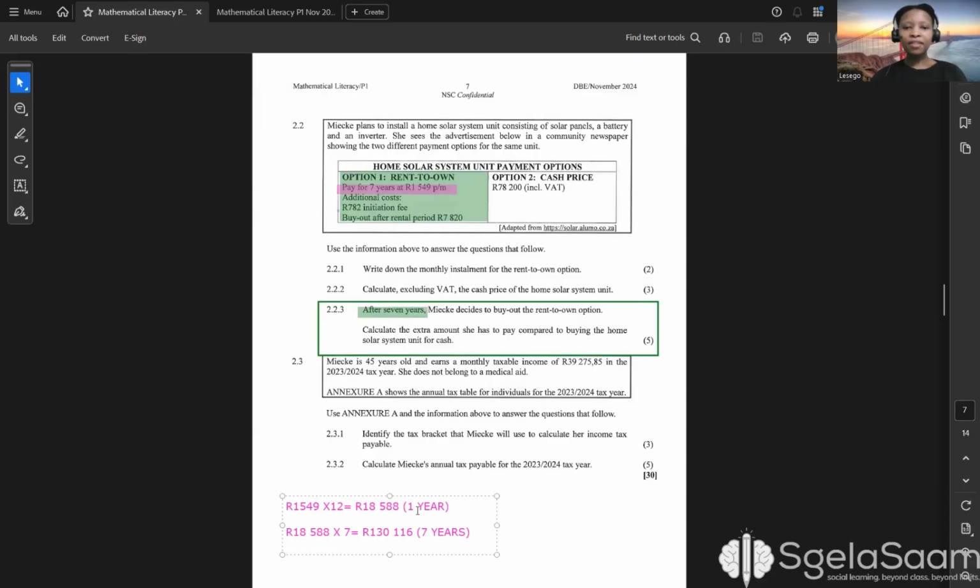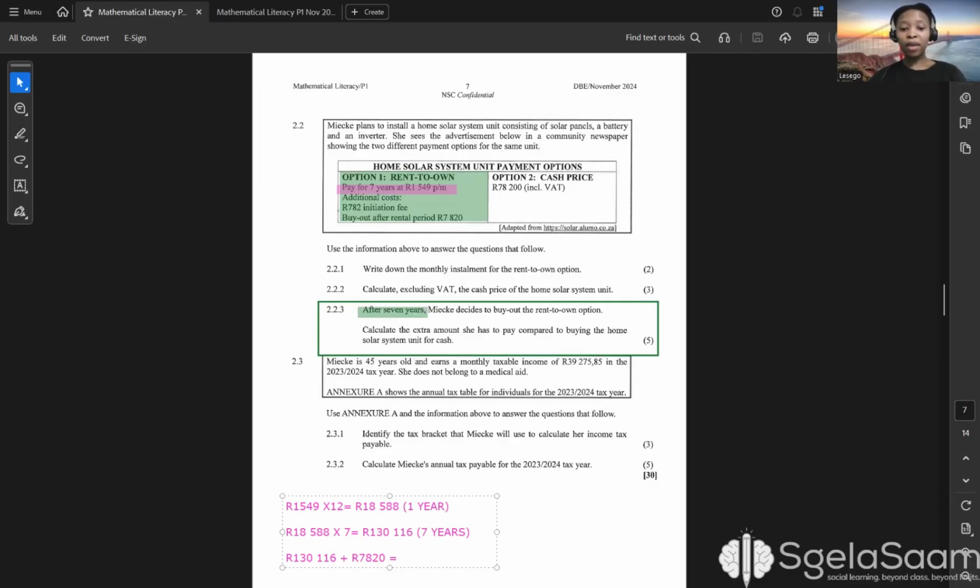And the buyout after rental period is 7,820. So we calculate the extra amount she has to pay compared to buying the home solar system unit for cash. Because she decides to buy out, the fee she has to pay is what she's paid so far, 130,116, plus 7,820, which is the buyout after rental.